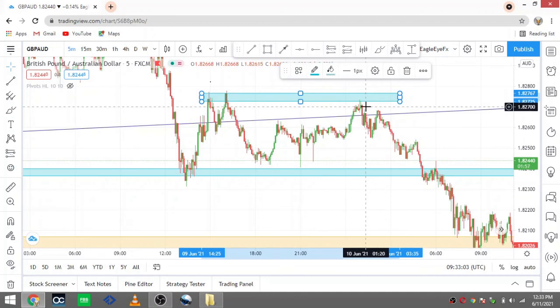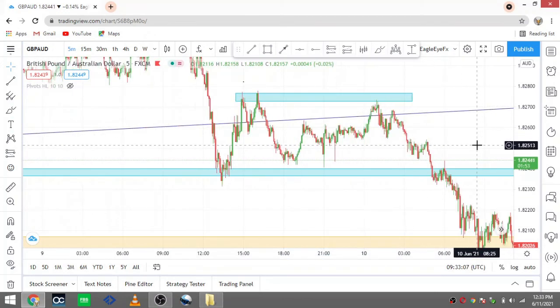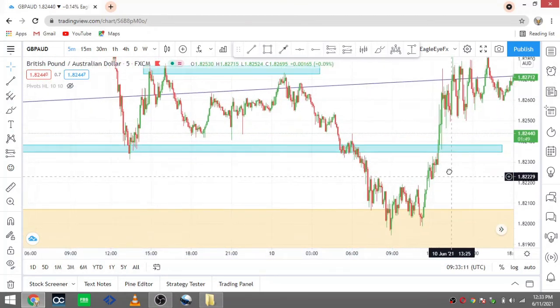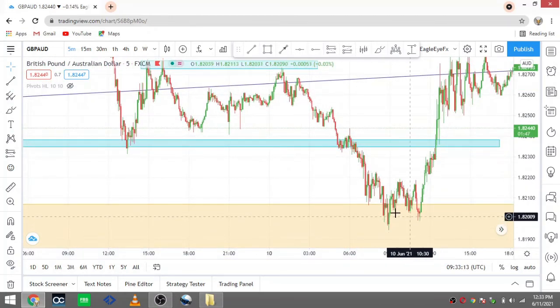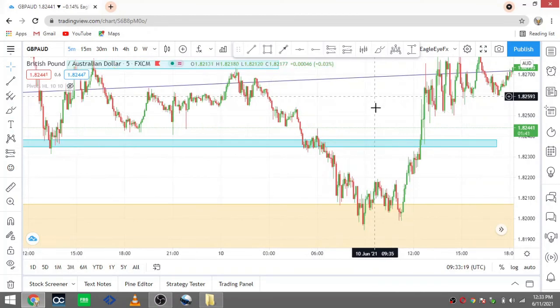So this was also another place we could have entered another sell, and it went down up to this part before it formed another double bottom, and then now it has been buying since then.